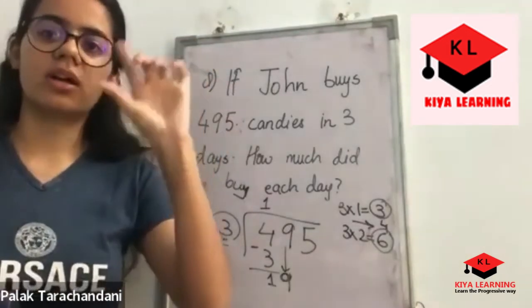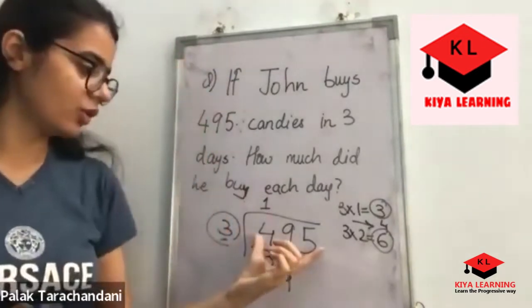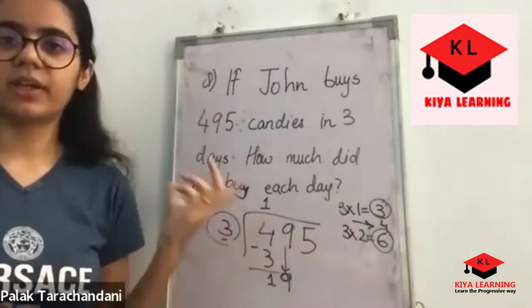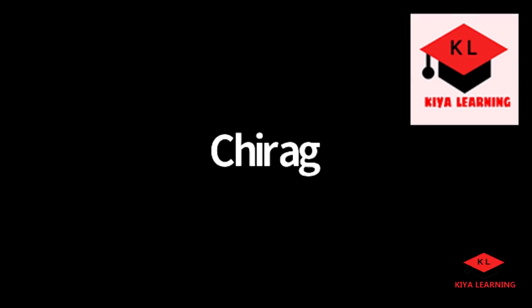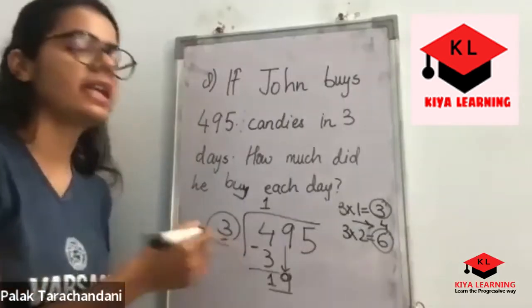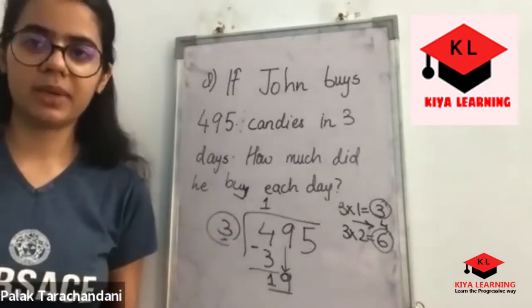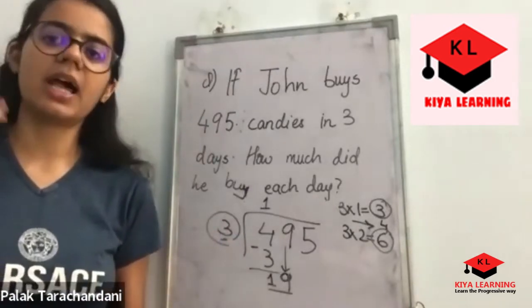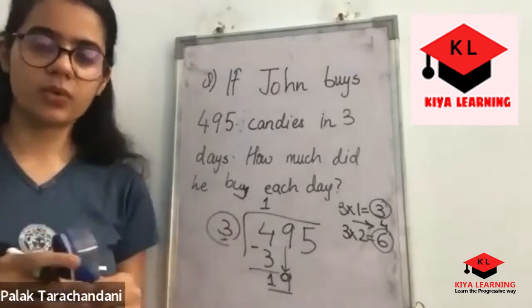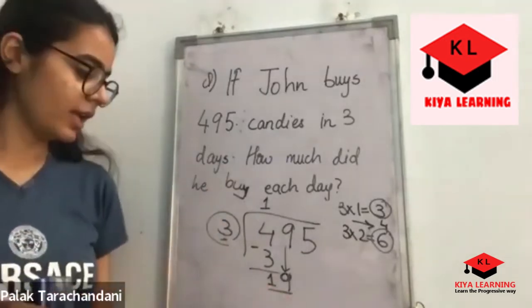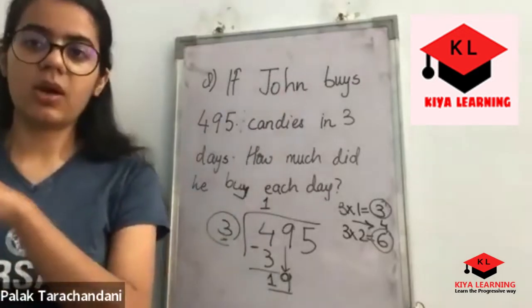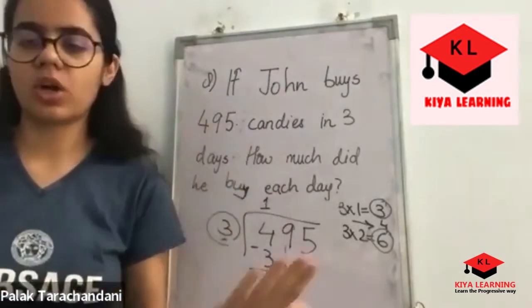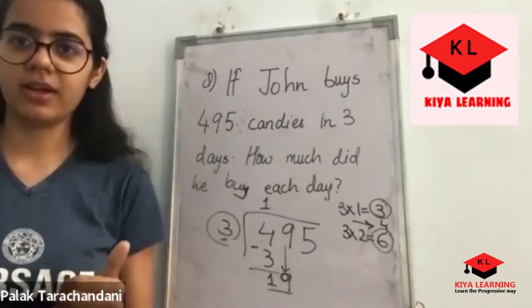You're dividing to divide the number which is given to you, which is 495, into 3 equal parts, right? So what you have to do is divide 19 with 3. No matter what the remainder is, you're not concerned with the remainder as of now. You have to divide 19 into 3 equal parts. Now after that, if the remainder comes 0 or not, that is not our concern, right?